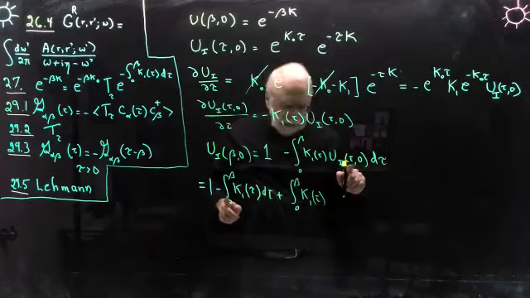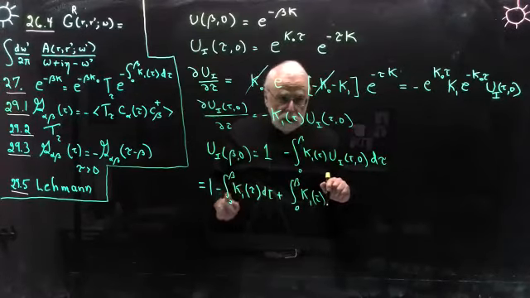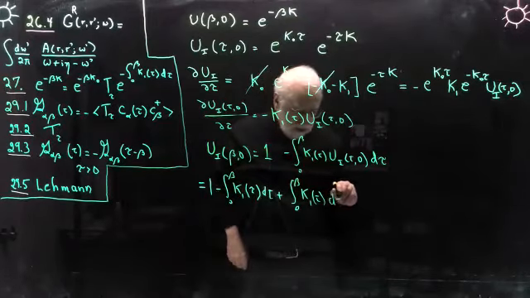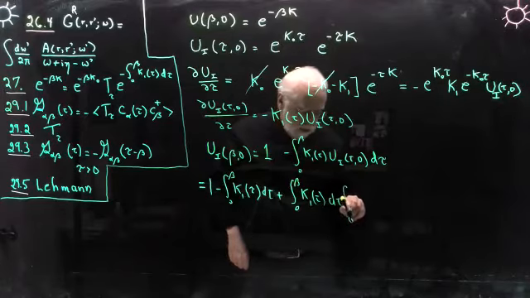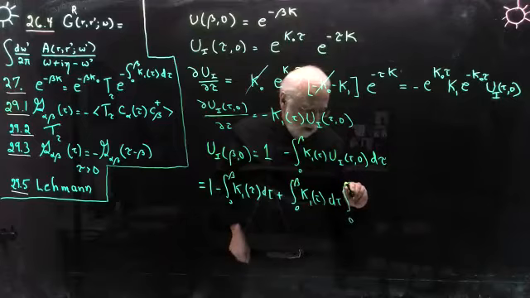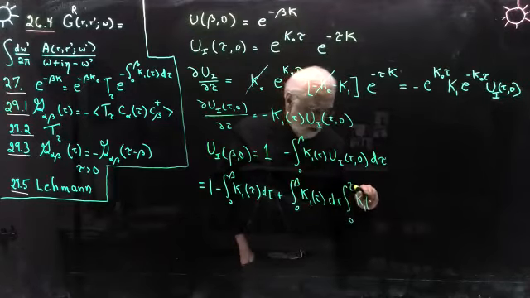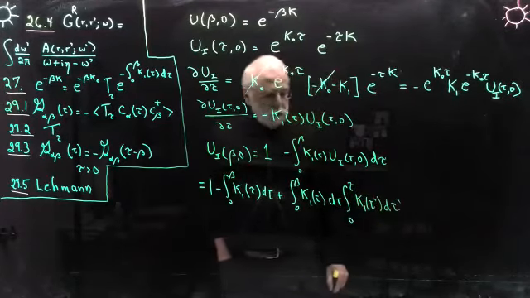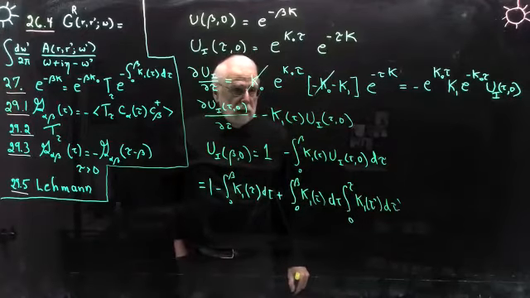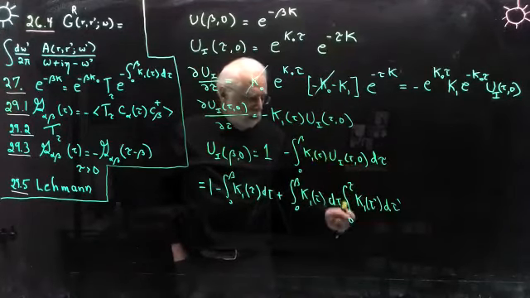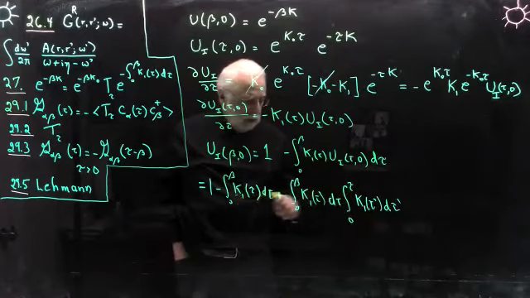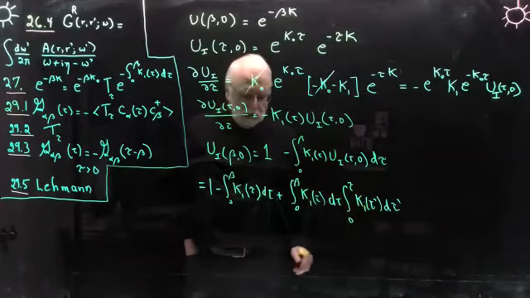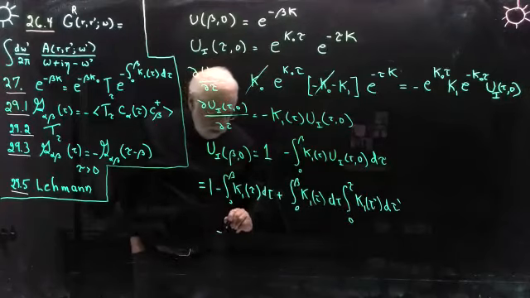So UI of tau is this, but just evolved up to tau now, not up to beta. So that's d tau, and that's the integral from 0 to tau of K1 of tau prime d tau prime. You see this? Because here I want UI at tau, so I have to take this, but integrate up to tau only. Now what is the next term? The next term will be minus all of this.